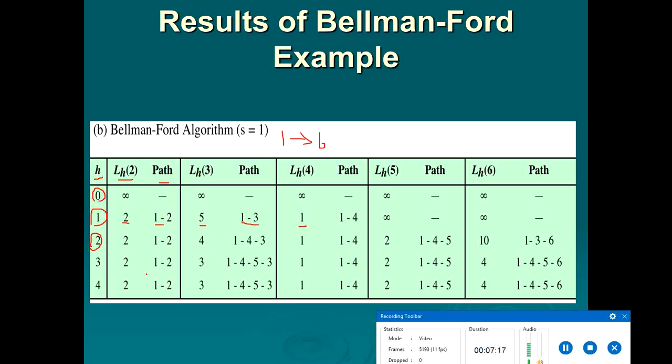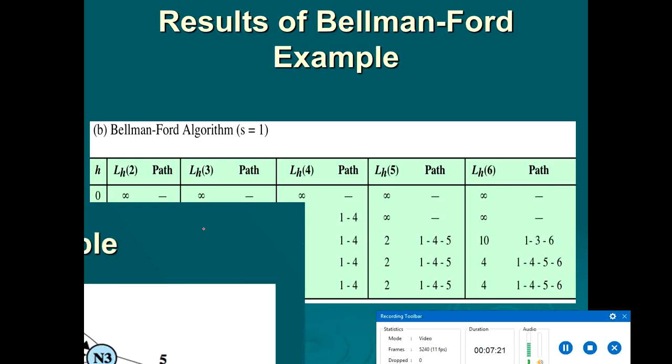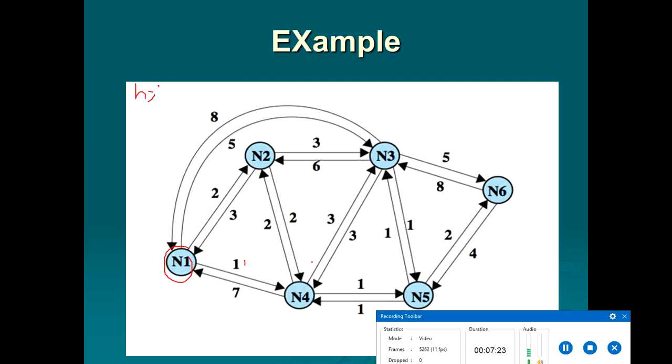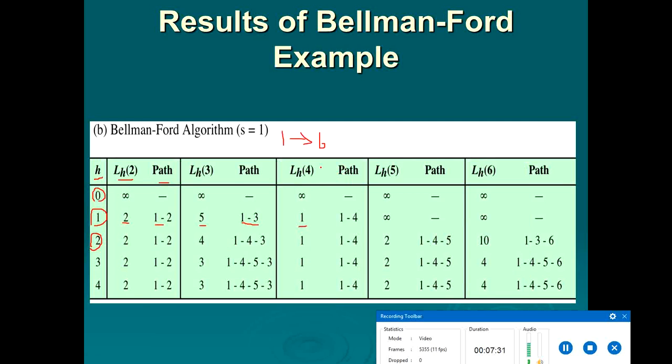So when hop count is equal to 2, at this point node 4 says that I can reach node 3 at a cost of 3, and the algorithm knows that we can reach node 4 at a cost of 1.